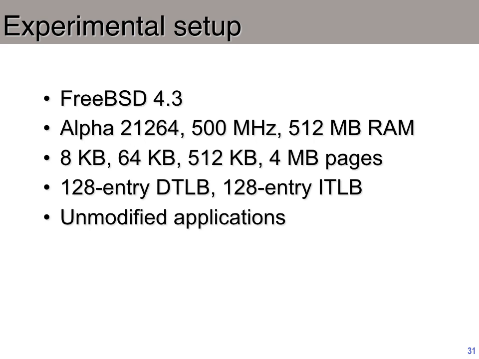Their hardware had an Alpha processor which supported 4 superpage sizes from 8 kilobytes to 4 megabytes. The processor also had 2 TLBs, a 128-entry data TLB and a 128-entry instruction TLB, and they ran unmodified benchmark applications to show that using their scheme they can perform better than if they didn't use it.